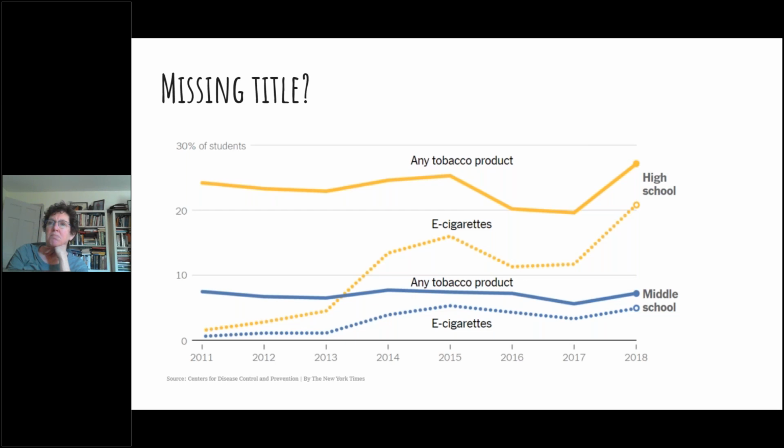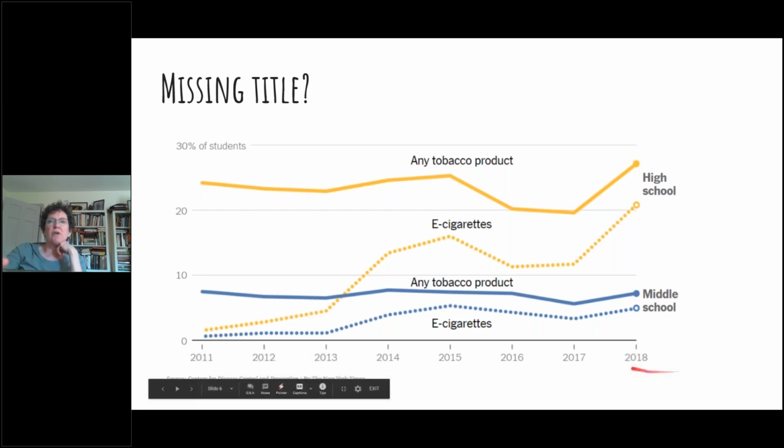It seems to me that in 2011, the tobacco use for high schoolers was pretty much the same as, like, increasing in using e-cigarettes and tobacco products.